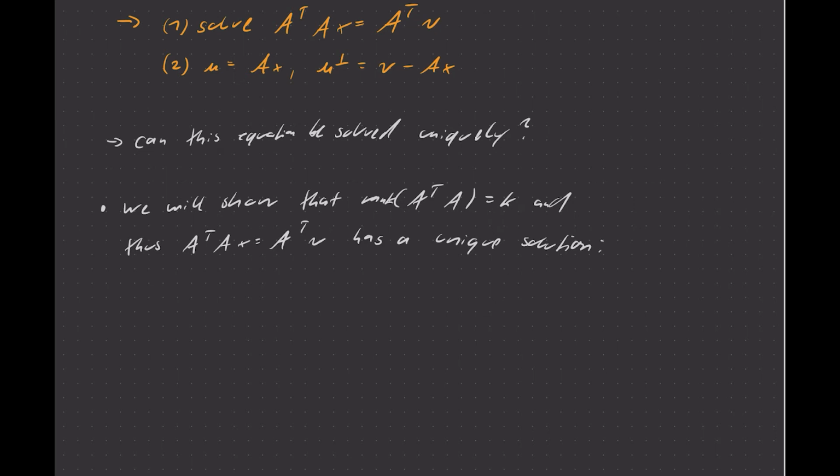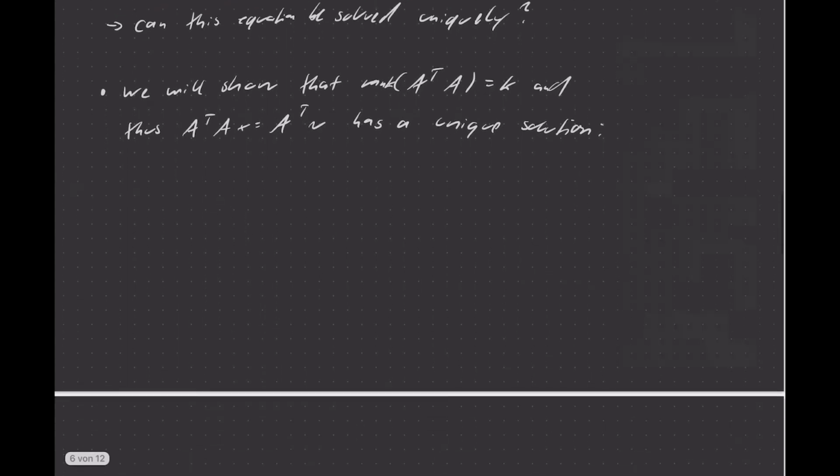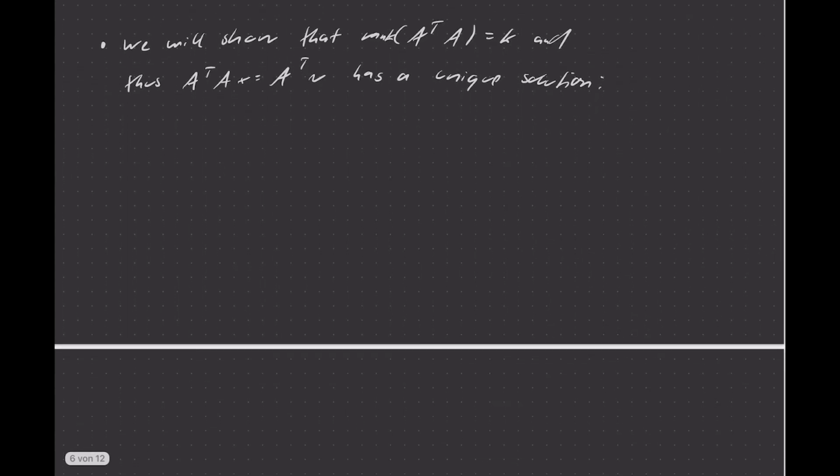And actually that's not that hard to prove. What we're going to do is show that the kernel of A transpose A is the same as the kernel of A. We will do this by showing kernel of A^T A is equal to kernel of A.